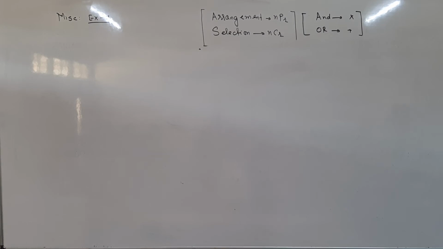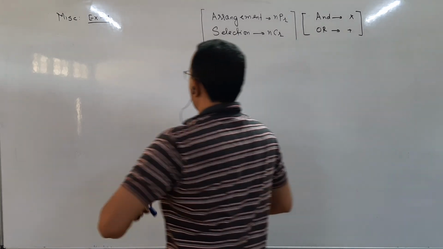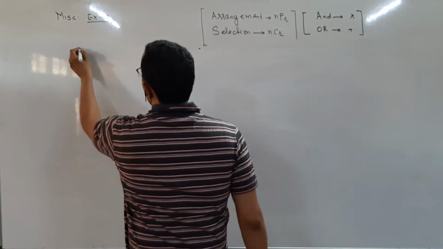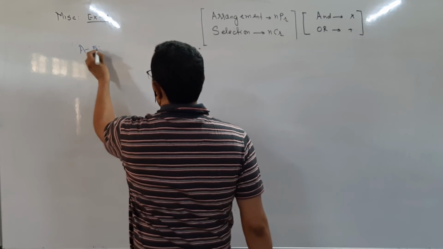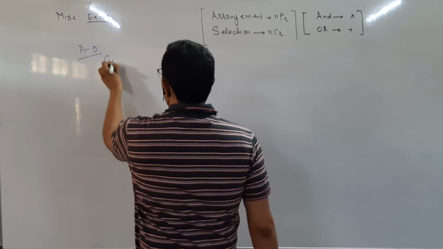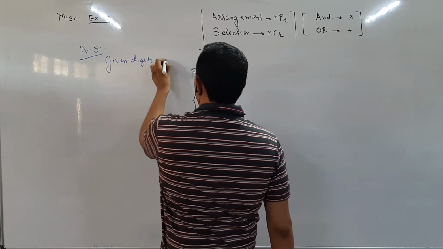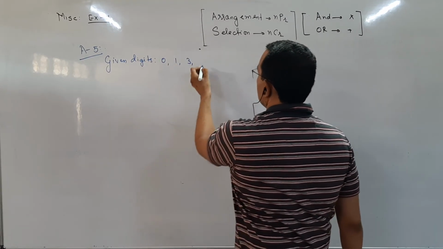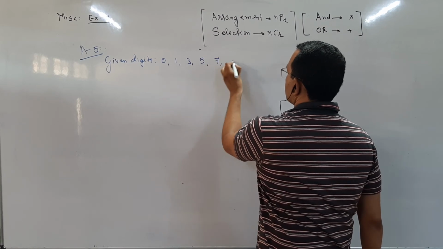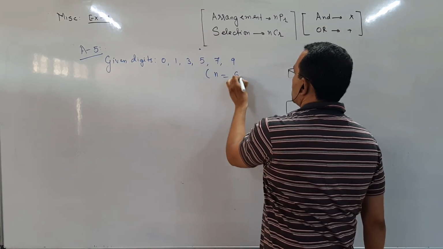Now fifth sum. How many 6-digit numbers can be formed using the given digits 0, 1, 3, 5, 7 and 9, which are divisible by 10, no digit being repeated? Okay, students, answer 5. Given digits are 0, 1, 3, 5, 7 and 9.